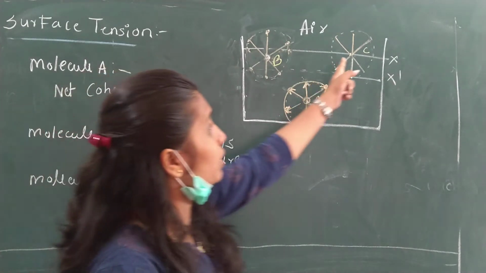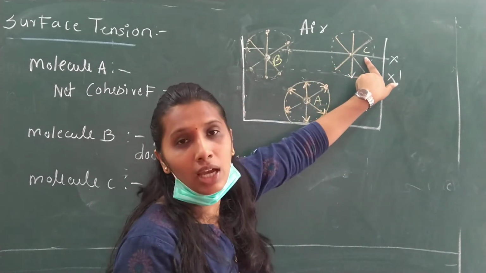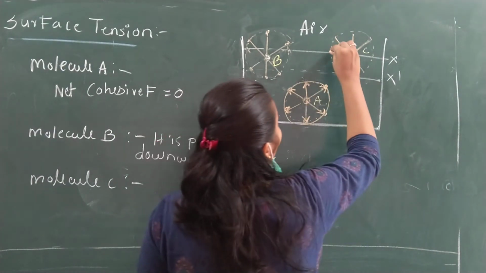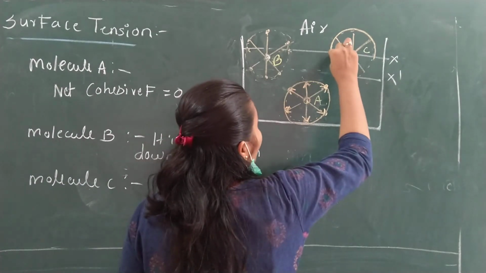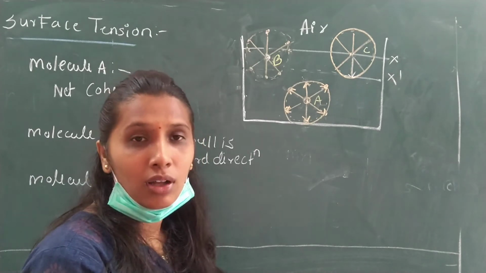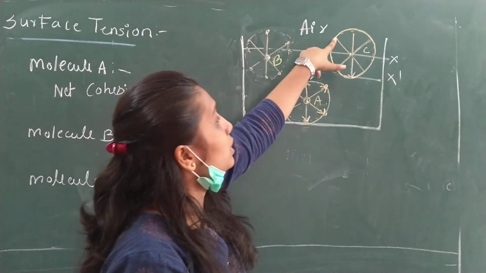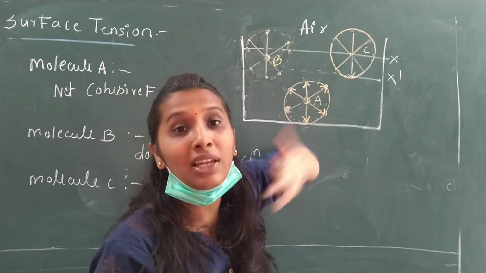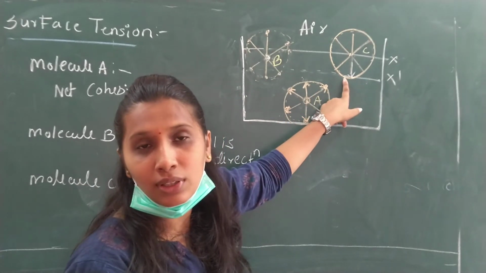Now when we are talking about molecule C, we can say that molecule C is exactly on the surface of your liquid. So half part of the sphere of influence lies above the liquid and half part lies below the liquid. But always remember, as air has less density, the amount of force, that is adhesive force, exerted on the C molecule will be less than the amount of force exerted by the water molecule.